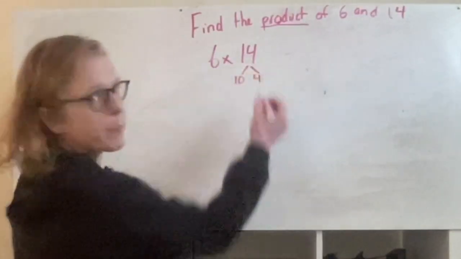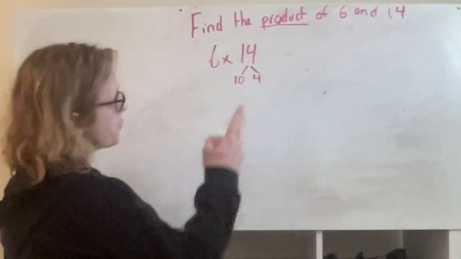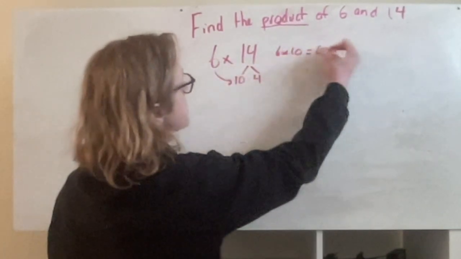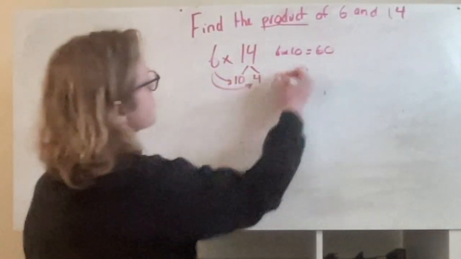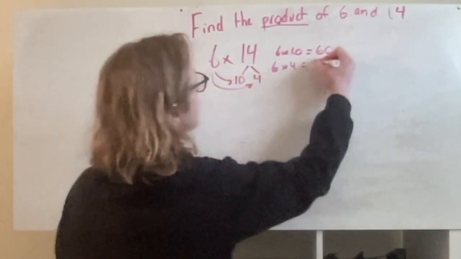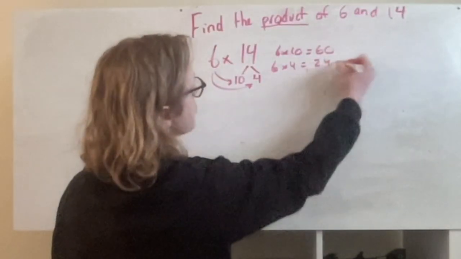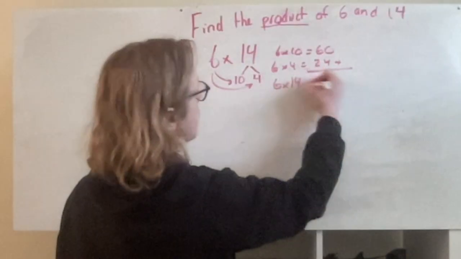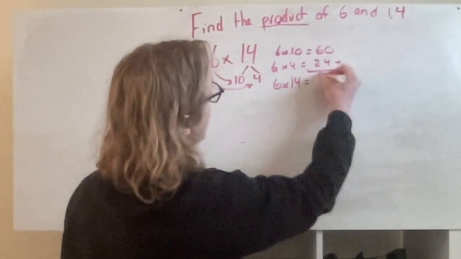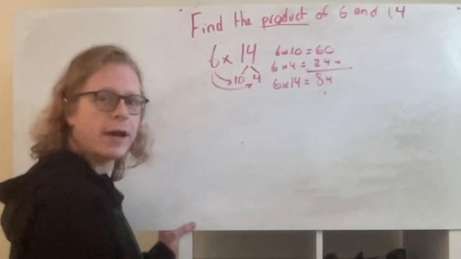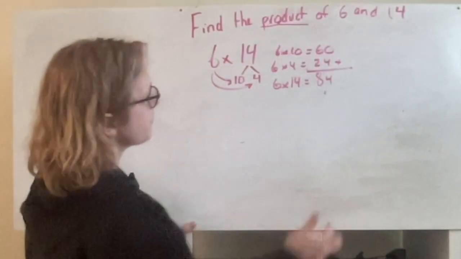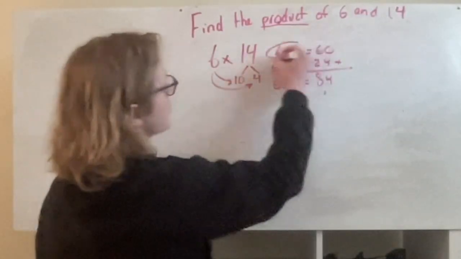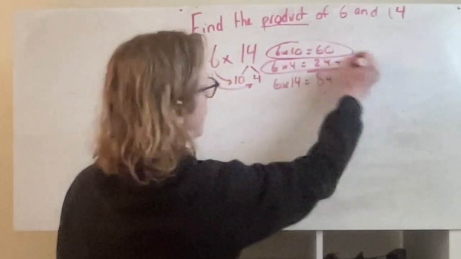We break this number apart by place value, and we're going to find those two partial products. 6 times 10 is 60, and 6 times 4 is 24. If I add those two partial products together, we'll find the product of 6 times 14, which is 84. So we know that our answer is going to be 84, and the way that we got there was by breaking the 14 apart by place value and multiplying each of those values by 6.